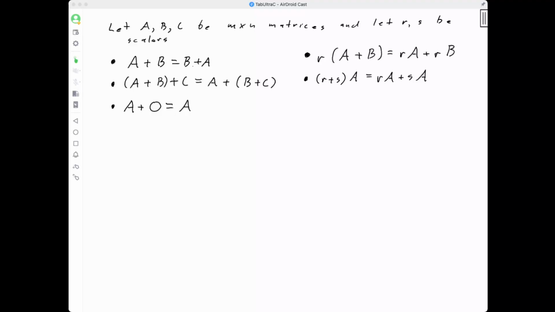And finally, r times (sA) is equal to (rs) times A. So the order that you multiply the scalars in doesn't matter. None of these should be too surprising to you, but it is good to know what they are.